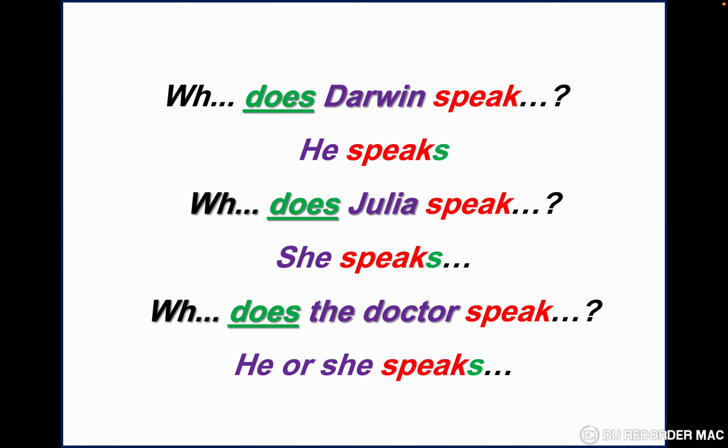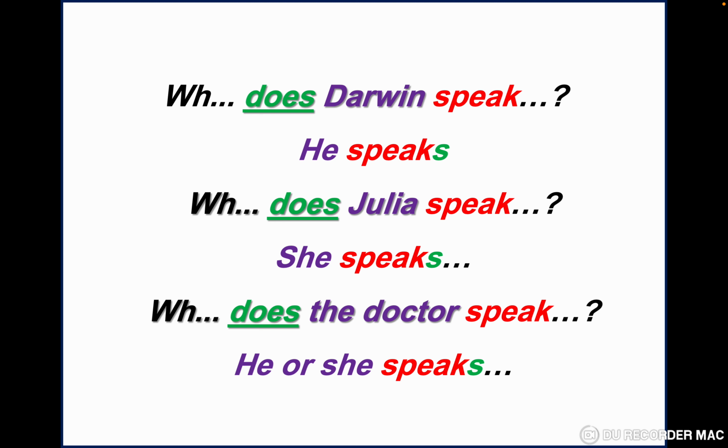Why does Darwin speak? Darwin means he, a man or a boy. So he speaks. The second question: why does Julia speak? Julia is a girl or a woman, so she speaks. Why does the doctor speak? The doctor can be he or she, a man or a woman. So he speaks, she speaks.